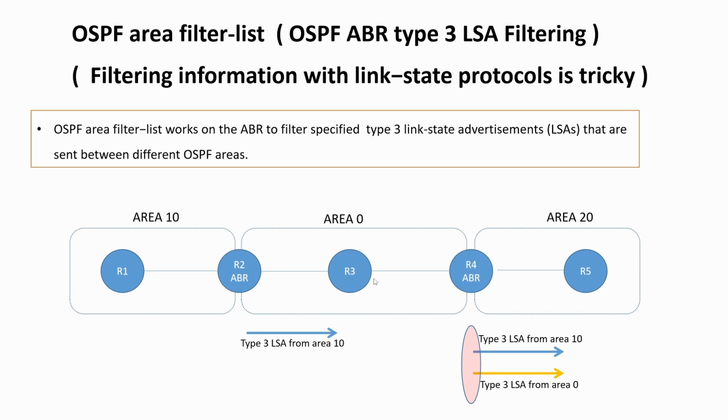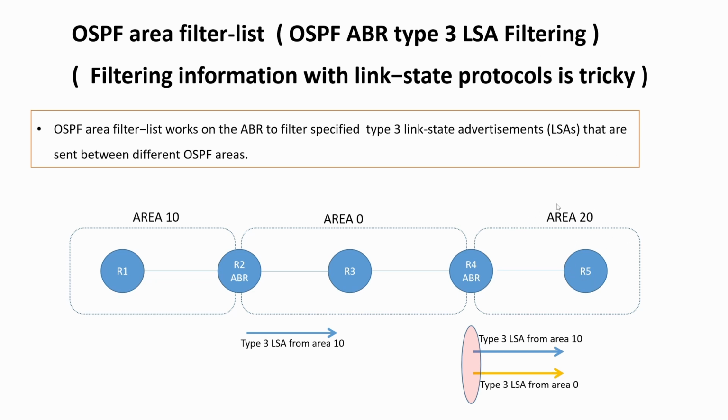Take a look at the diagram below. Here are three areas: area 0, area 10, and area 20. The ABR routers are R2 and R4. First, the area filter list only works on the ABR routers. In this diagram, it works on either R4 or R2. Also, the area filter list only works on Type 3 LSAs.